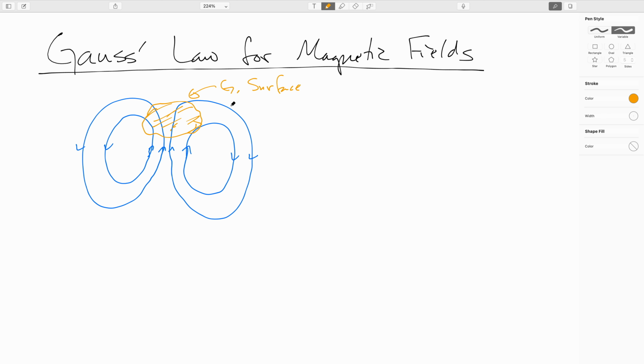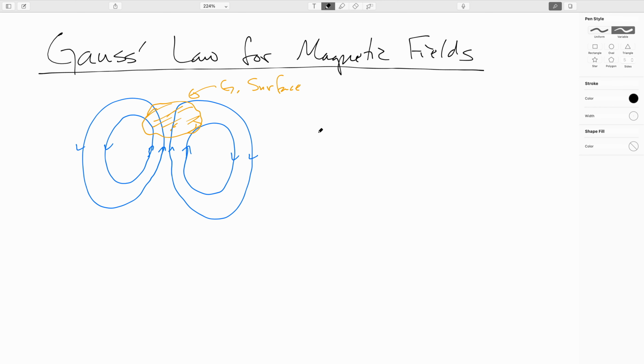So remember, inbound counted as negative, outbound counted as positive when we were doing this with electric fields. Same deal with magnetic fields. But here, however many go in, go out, because there's no place for magnetic field lines to either start or stop on.